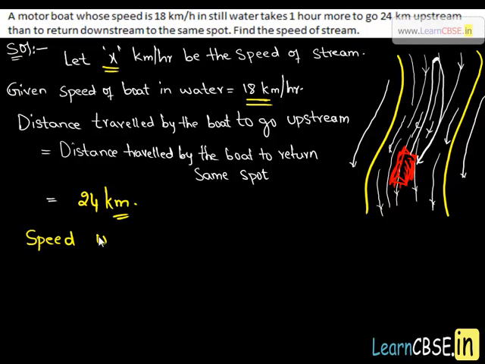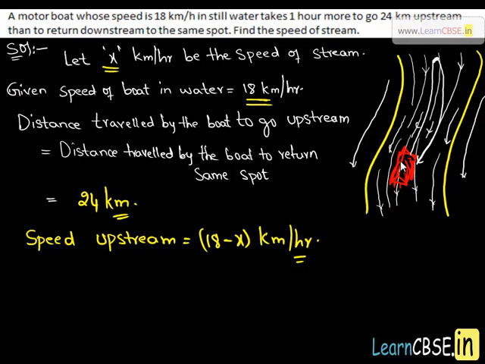Therefore, speed of the boat upstream is 18 minus x kilometers per hour. It is because when the boat sails upwards, its speed is restricted by the flow of stream.